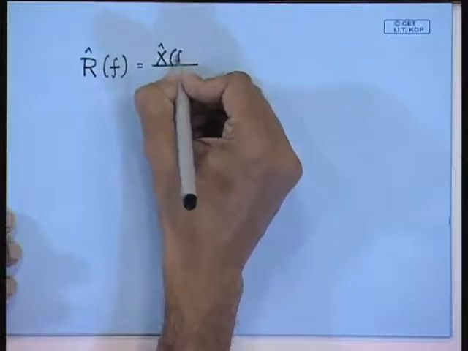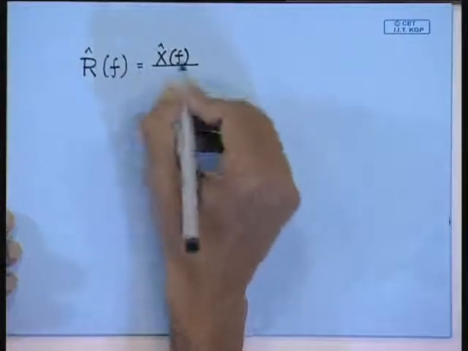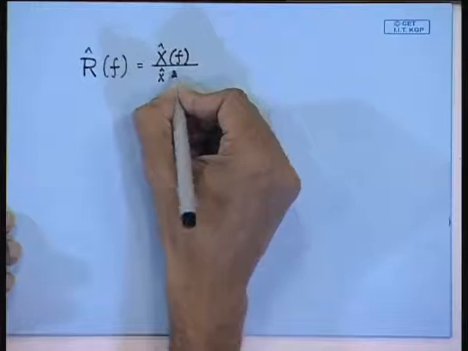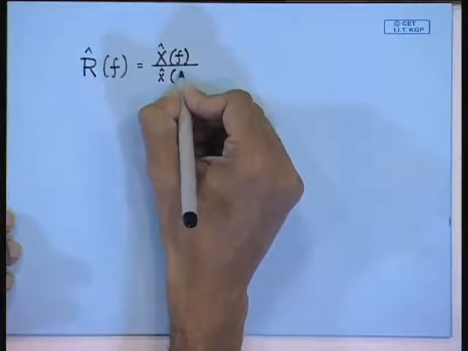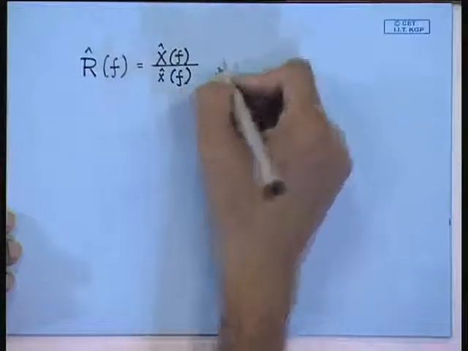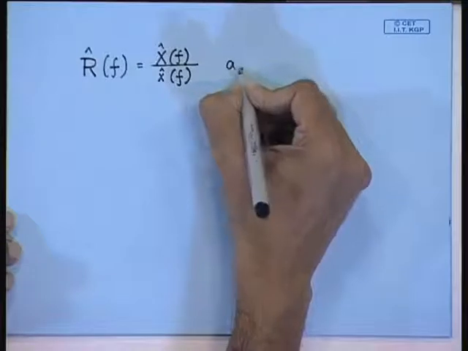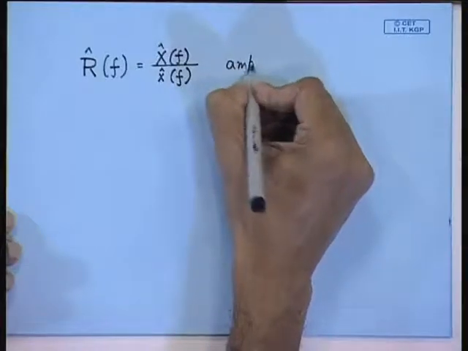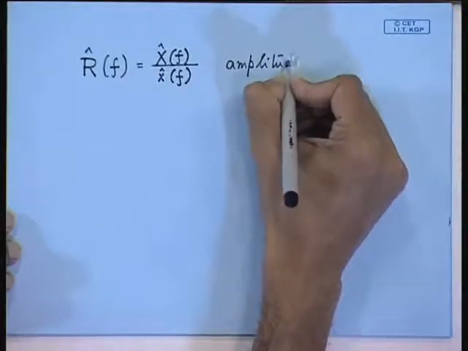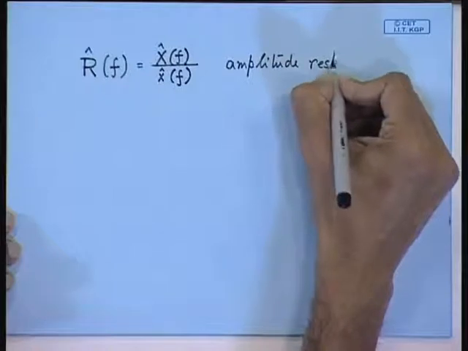F denotes that these expressions are dependent on frequency. So this is just the ratio of the amplitudes of the response to the excitation. This is called the amplitude response function.